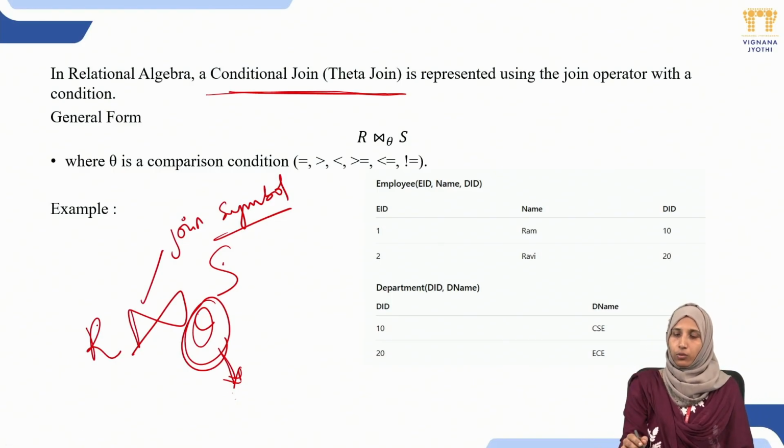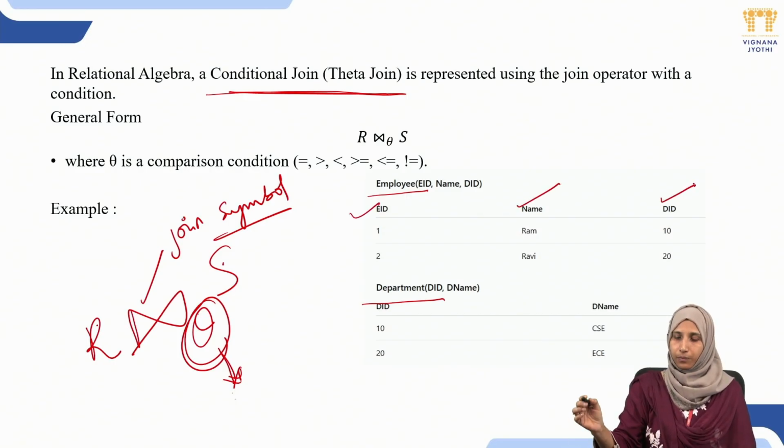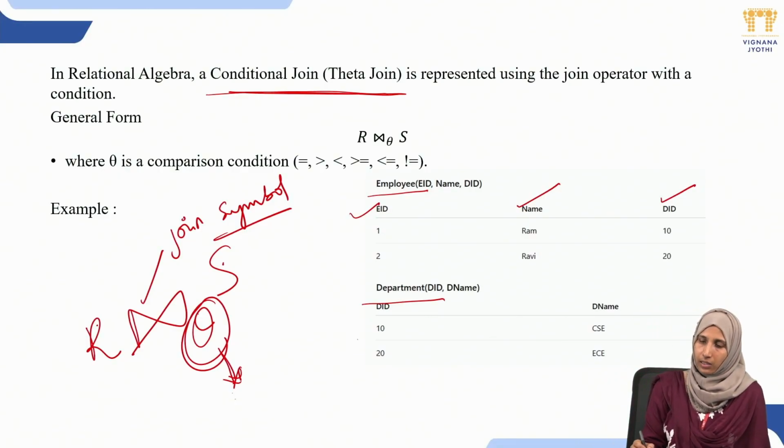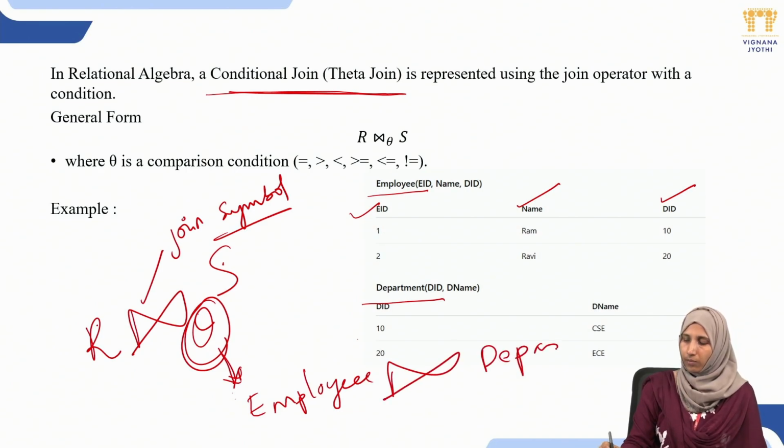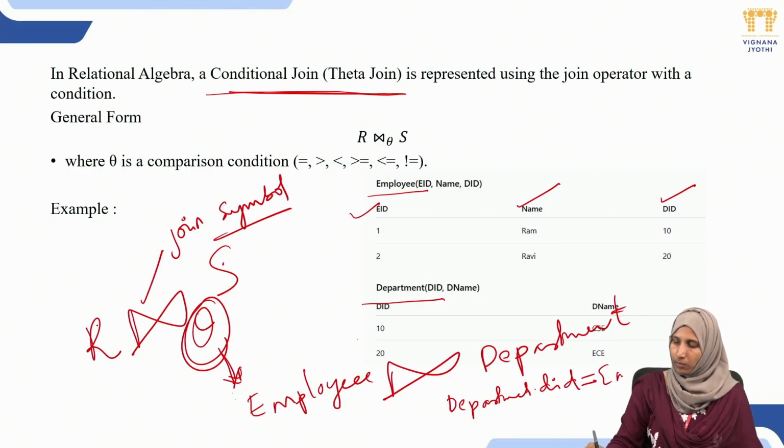See at the right side, you have two tables, employee table and department table. Under employee, you have employee ID, name and DID. Here you have DID and DNAME. You can apply a conditional join, saying you want to perform a join operation between employee and department based on department.DID equals employee.DID.